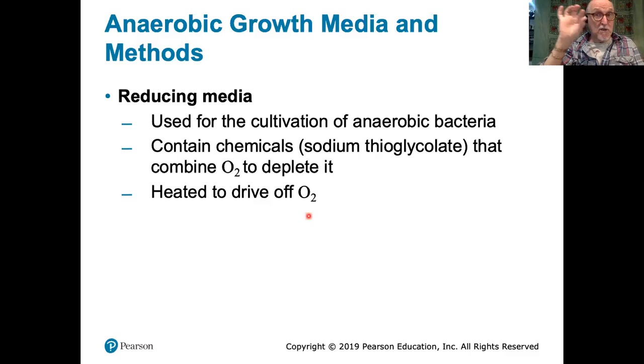Then an oxygen gradient will establish from the surface down if you leave that surface open. But the bulk of the medium will be free of oxygen, and it's a very good way of growing obligate anaerobes or observing facultative anaerobic growth. So that's a reducing medium. It's a medium in which oxygen is depleted.